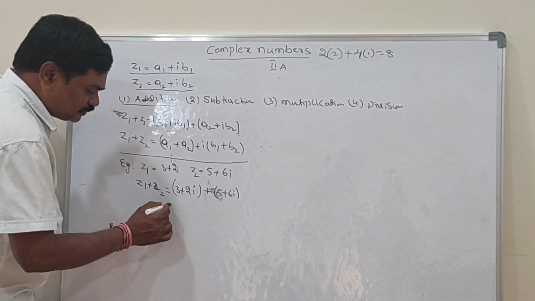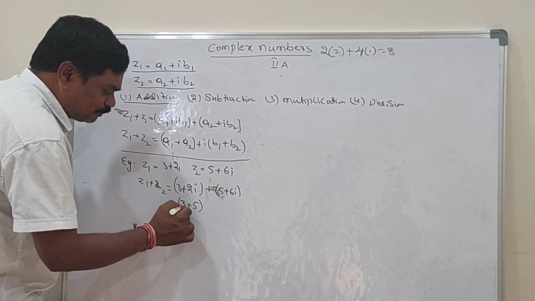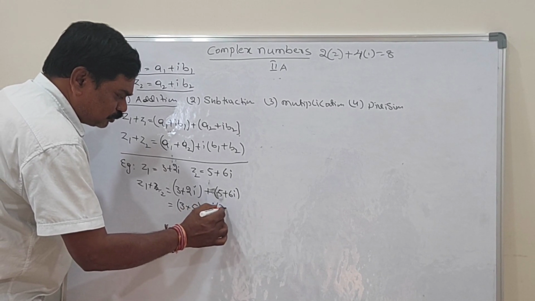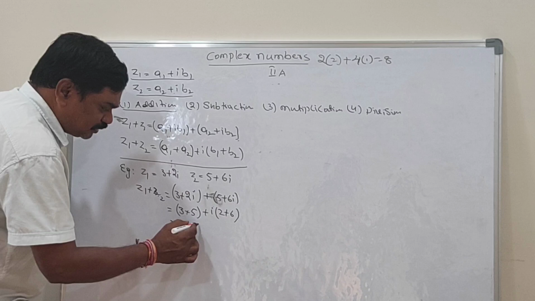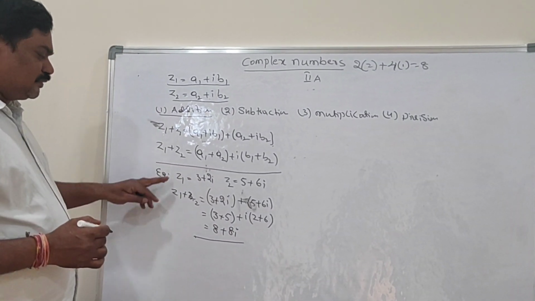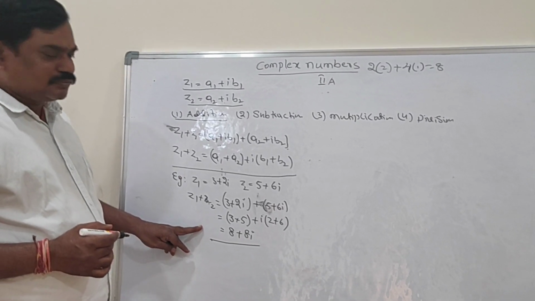This can be written as 3 plus 5, plus i of 2 plus 6, equal to 8 plus 8i. This is finding the addition of two complex numbers.